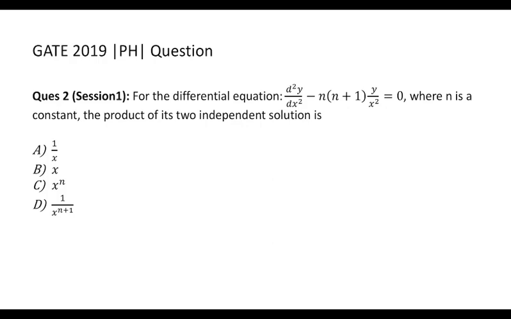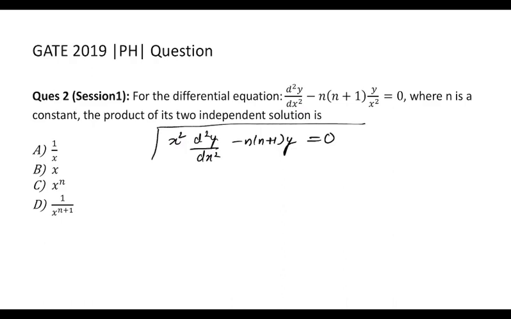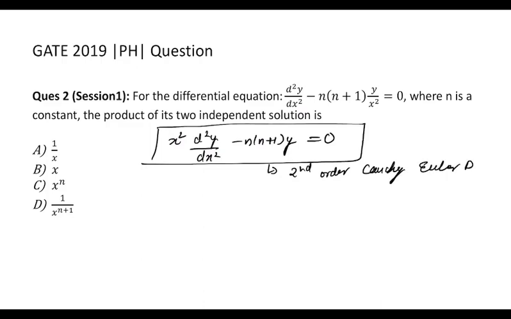So we can write this equation as x square d2y by dx square minus n into n plus 1 y equal to 0, with x square coming in front. Now this type of second order differential equation is known by a special name, the second order Cauchy Euler differential equation.